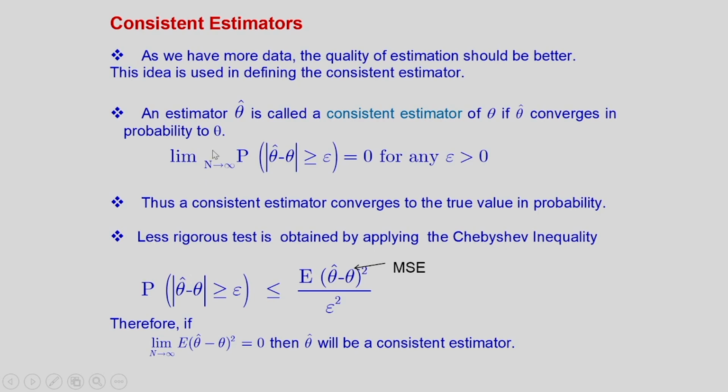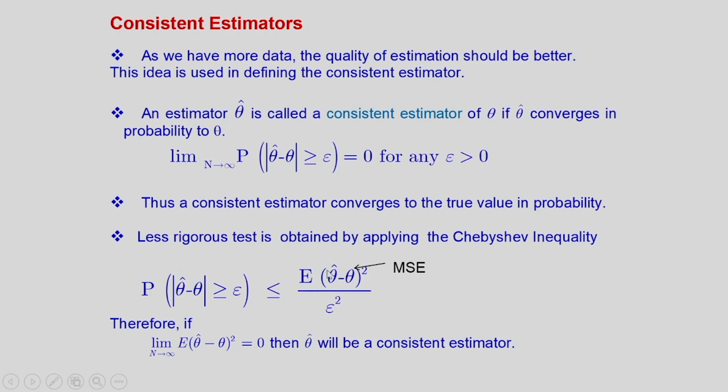This is a less rigorous test, because here we have to determine the probability. A less rigorous test is obtained by applying the Chebyshev inequality. Now, the probability of this deviation is less than or equal to E of (theta hat minus theta) whole square, which is nothing but the MSE, divided by epsilon square.